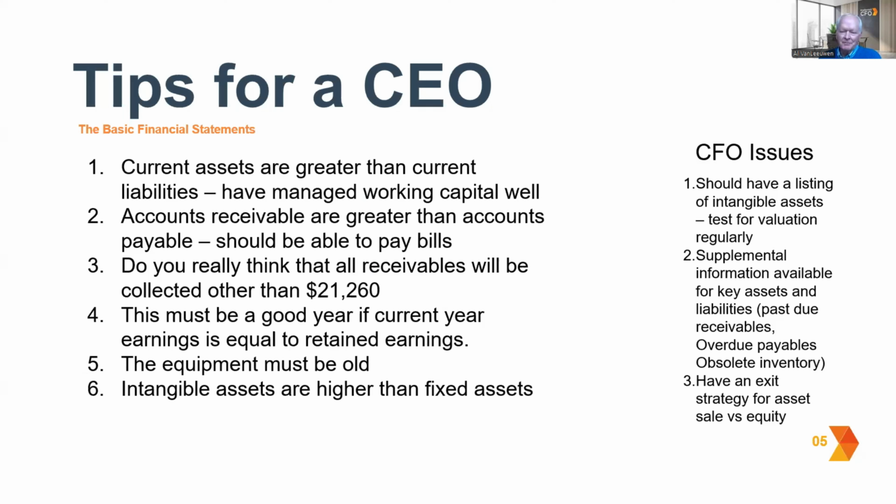Are they making the amount of cash income you expect them to make? You should also get from your CFO supplemental information for key assets. You want to get any past due receivables, overdue payables, obsolete inventory, and on a regular basis, you should develop an exit strategy for asset sale versus equity. You should have that in your back pocket.